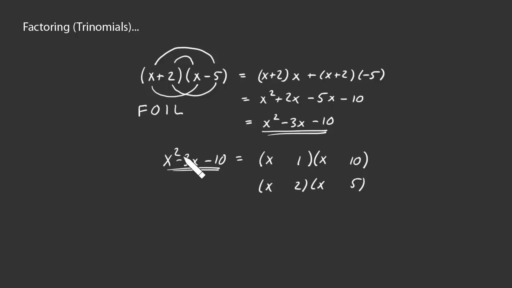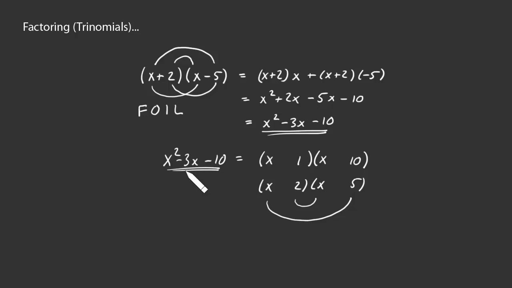Further, I've got this middle term of negative 3x, right? That middle term came from that difference of terms. Of course, had that been a positive 5, that would have been a sum of terms. So I can look at the inner product and the outer product and say, is there any way I can combine those, addition or subtraction, and get 3x?